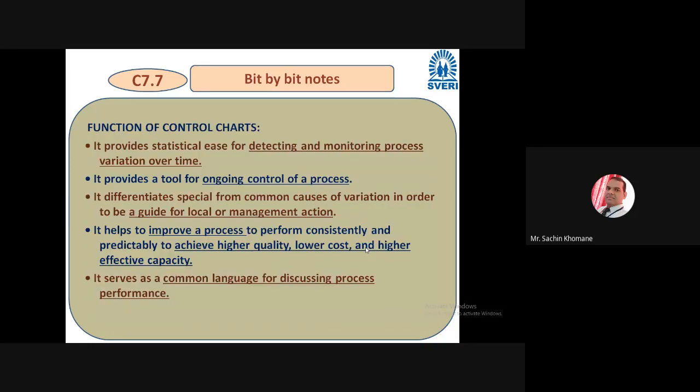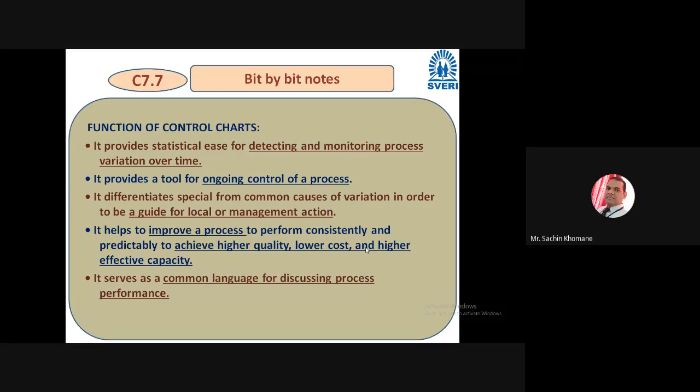Now, what is the function of control charts exactly? I have explained this chart and certain functions also, but we'll still see certain functions. So friends, a control chart provides statistical ease for detecting and monitoring the process variation over time.